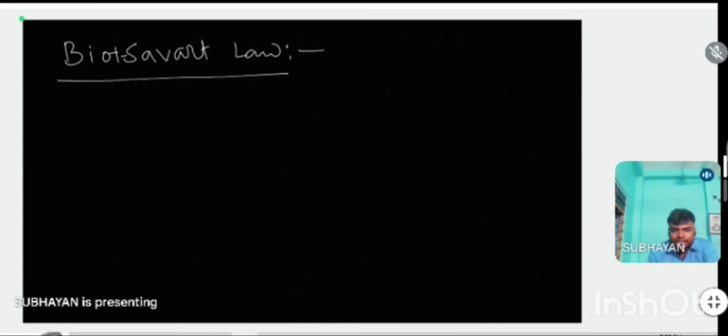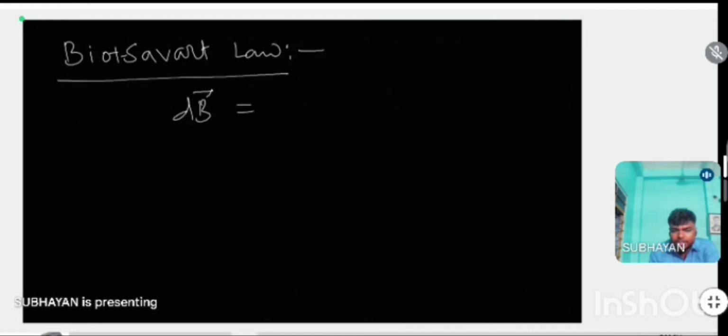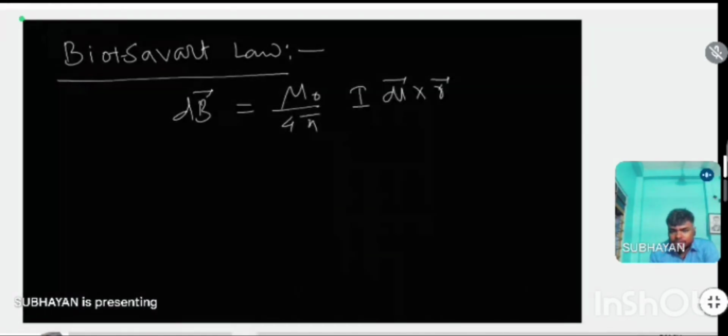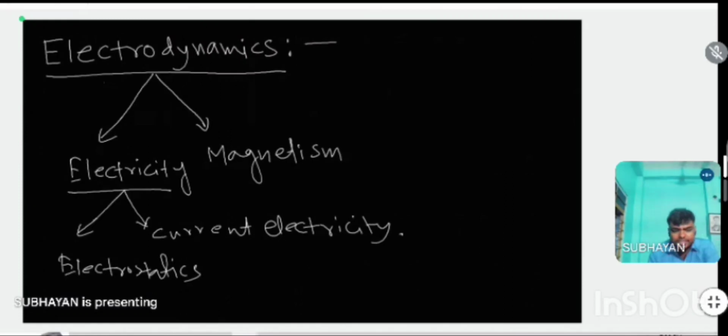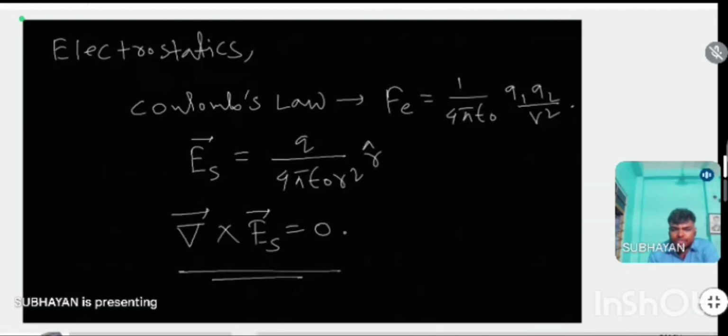The amount of magnetic field can be determined following the Biot-Savart law, which has the mathematical form dB equal to mu naught by 4 pi, I dl cross R by R cube. So these are the basic laws of electricity and magnetism.